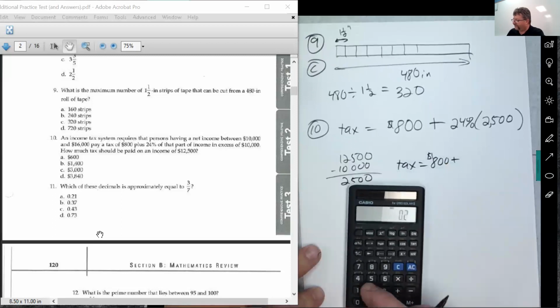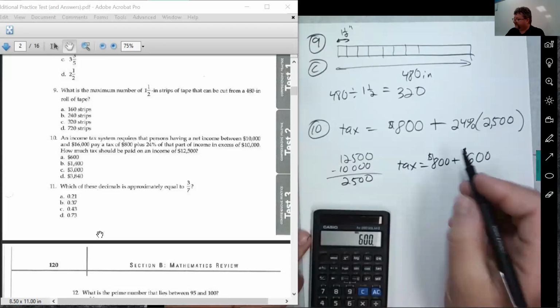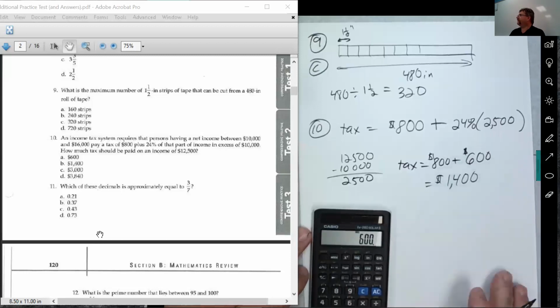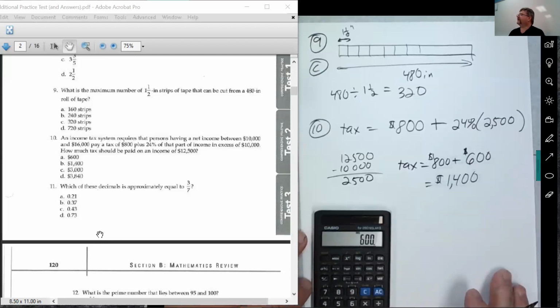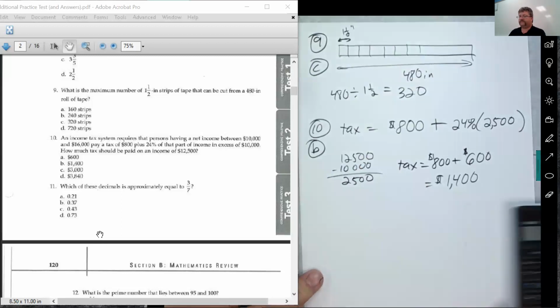So that's 0.24 as a decimal times 2,500 equals 600. So 800 plus 600 all together, we're paying $1,400. Okay, if we check out our choices there for number 10, choice B is going to be the winner.